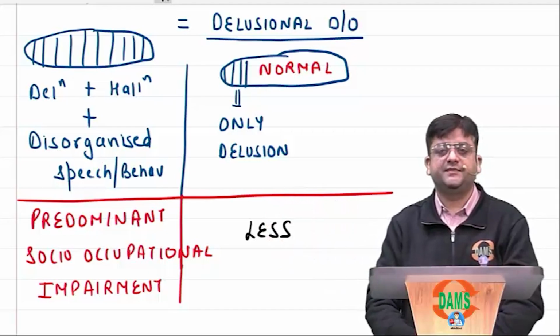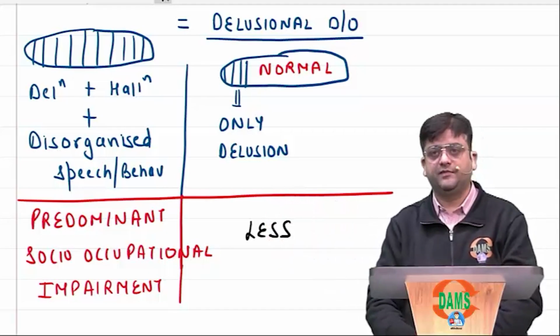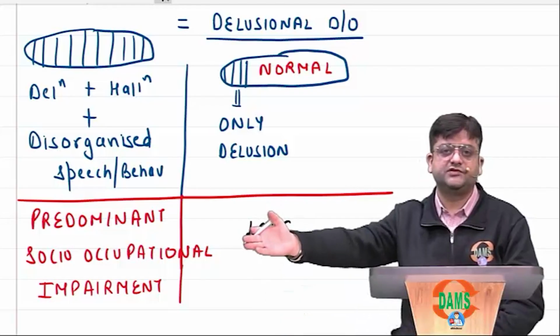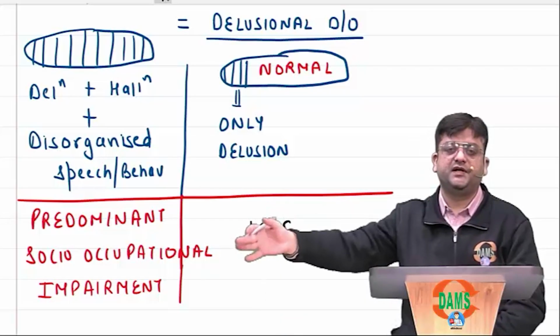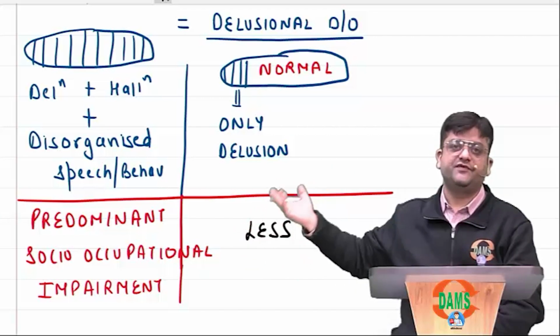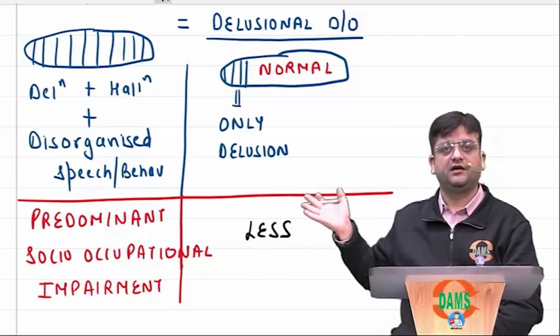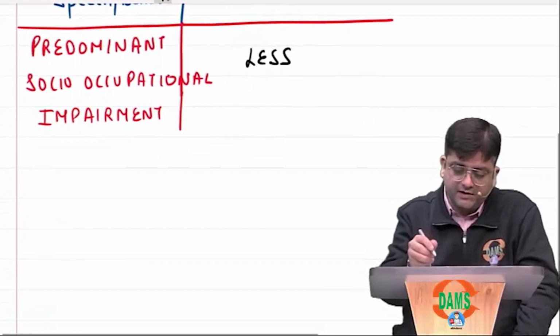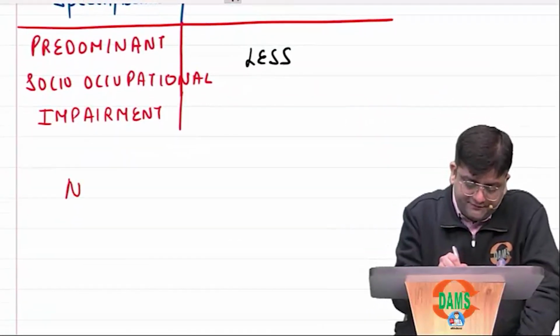A person has a belief that neighbors want to kill him. Because of this, he stays at his house. Schizophrenia, social impairment. But if despite this belief, he goes to their house every day to have tea, that is delusional disorder. Got it?